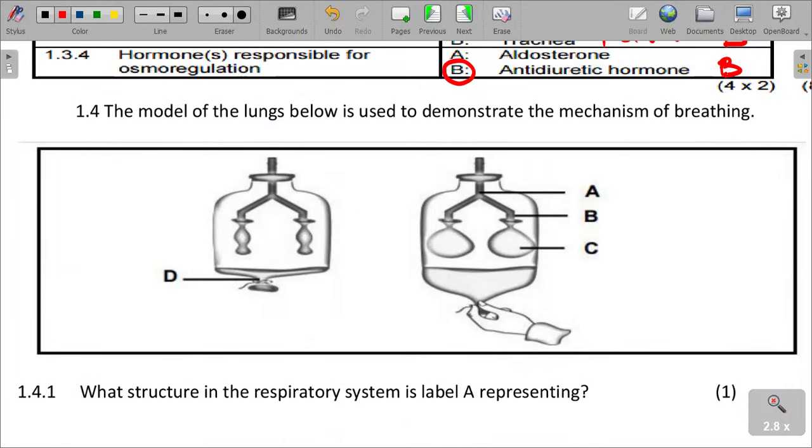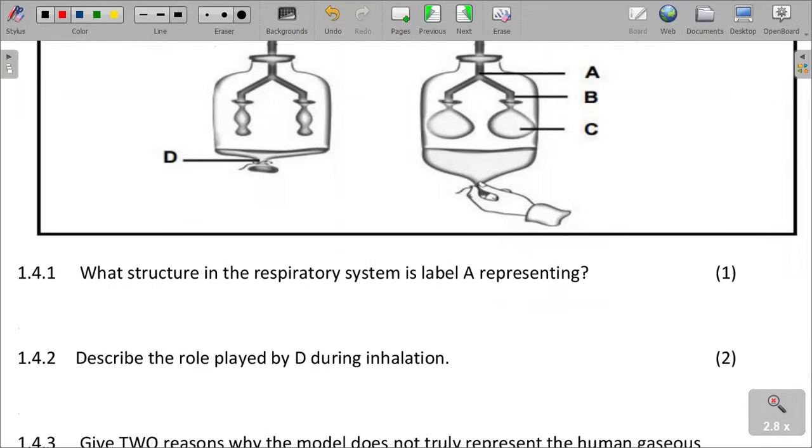We have question 1.4, which identifies models of the lungs used to demonstrate the mechanism of breathing. Given structures A, B, C, D, what structure in the respiratory system is represented by label A?